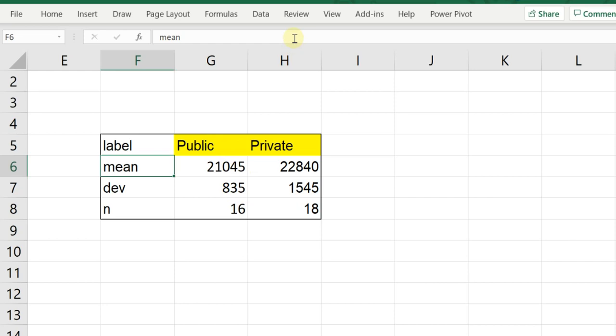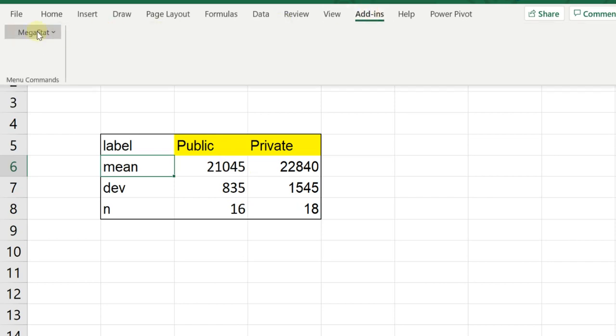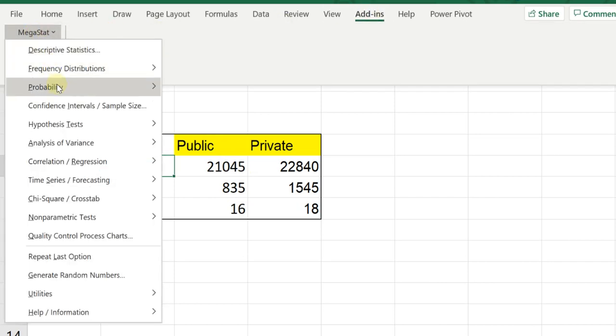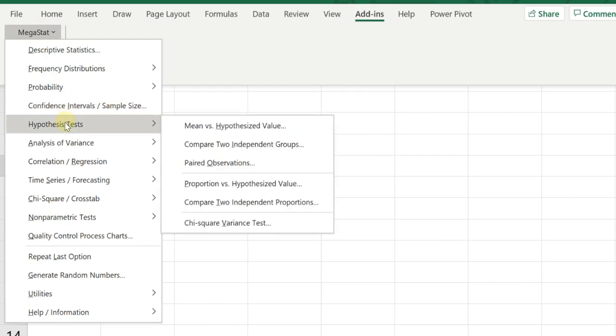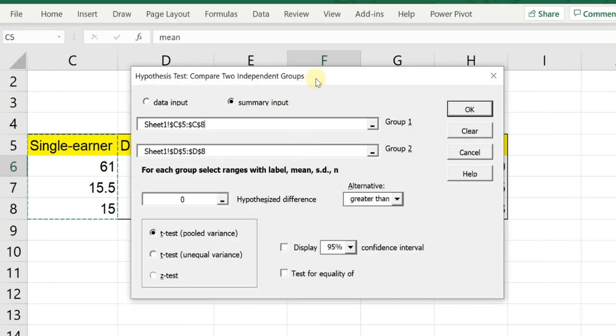Okay, so we're going to go to add-ins, Megastat, and we're going to go down to hypothesis test, compare two independent groups, right? We're still doing two independent groups. Click on that. Now, summary input, we're going to keep that.